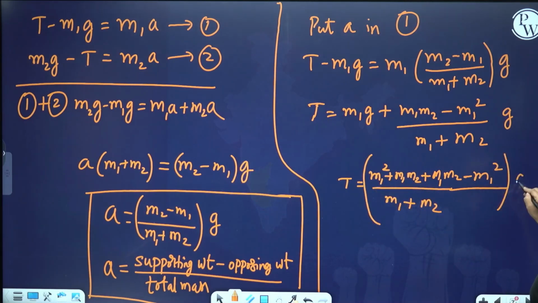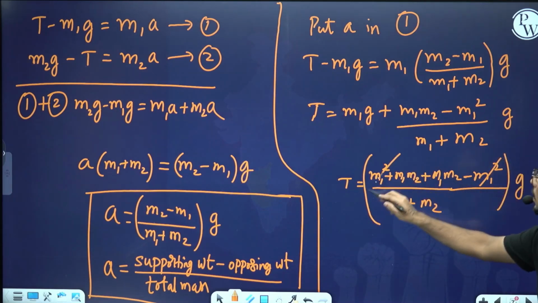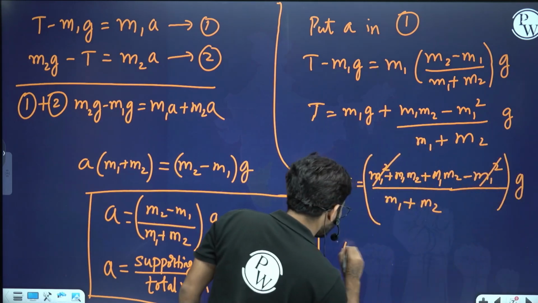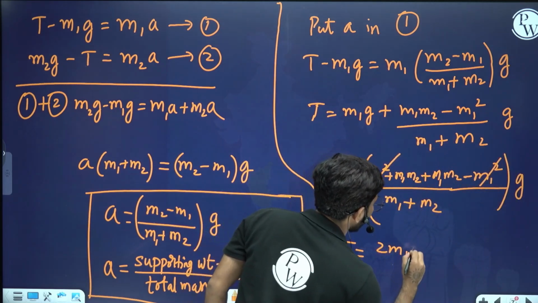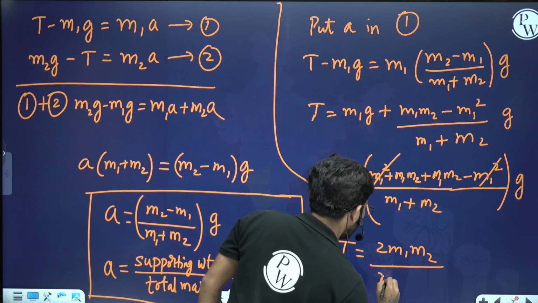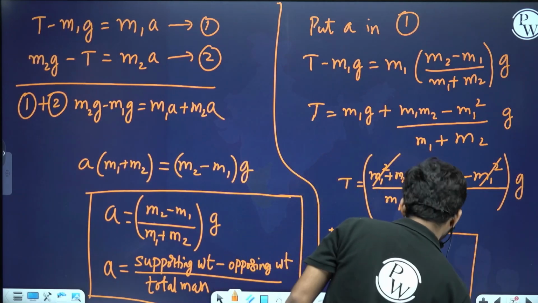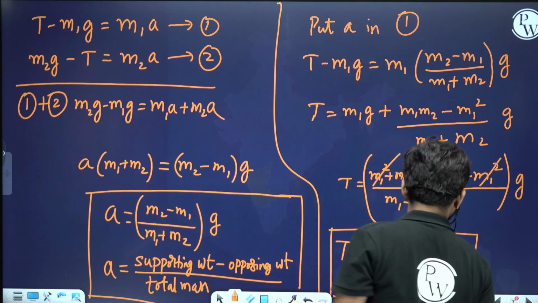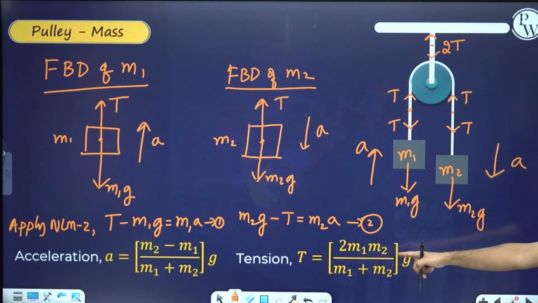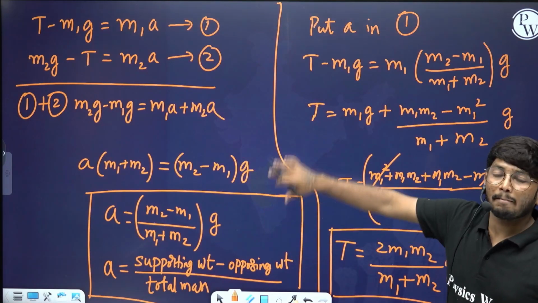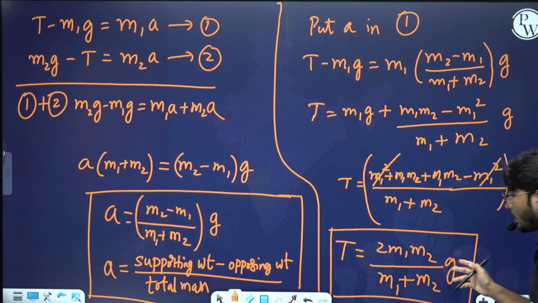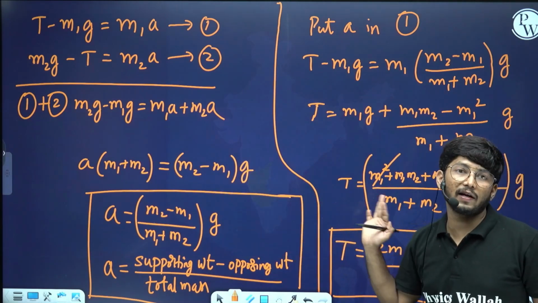Whole common is G. Here M1 square cancel. You have tension is equal to 2M1 M2 divided by M1 plus M2 into G, right? See, observe the expression 2M1 M2 divided by total mass into G. So ಈ ಥರ ಸಿಸ್ಟಮ್ ಅಲ್ಲಿ masses ಅನ್ನು ಕೊಟ್ಟಾಗ you can directly get the value of tension and acceleration, correct?